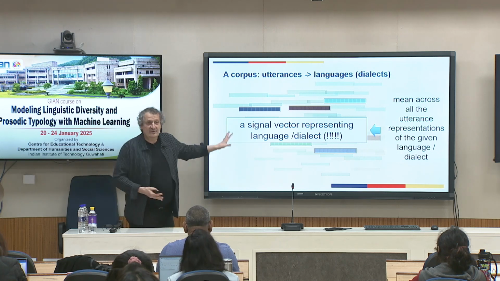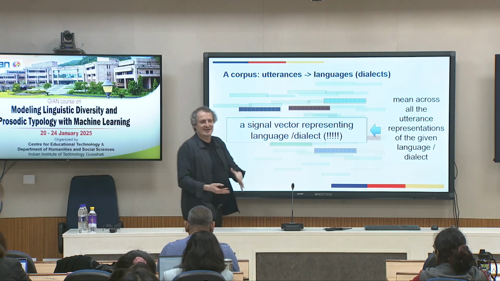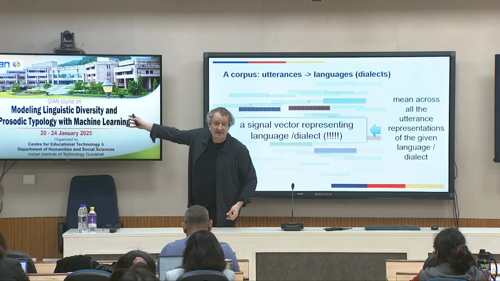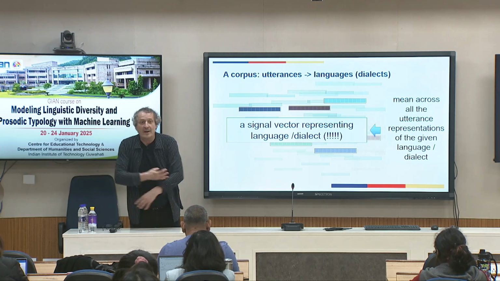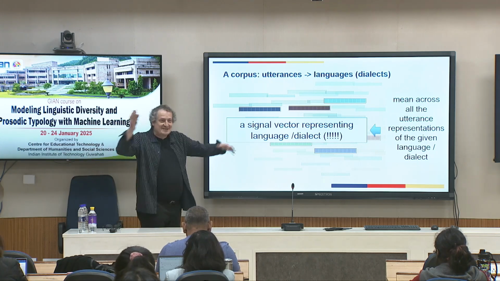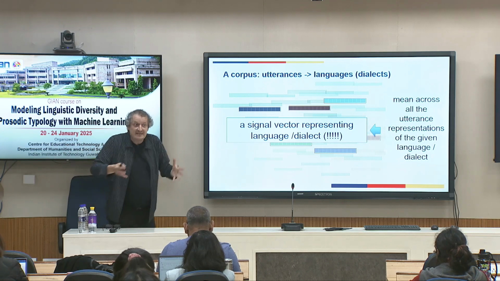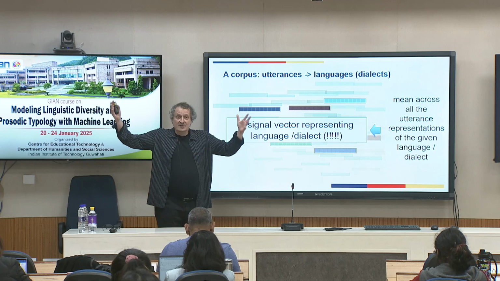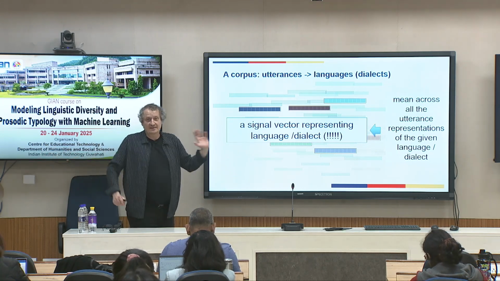Of course, we have to realize that it doesn't represent the entire vocabulary of the language. It doesn't represent all structural characteristics of the language. It doesn't represent all the morphology or history or number of speakers or diversity among the speakers and what have you. It represents the characteristics of the language which are present in a signal and are useful to distinguish it from the others. That's what it does.